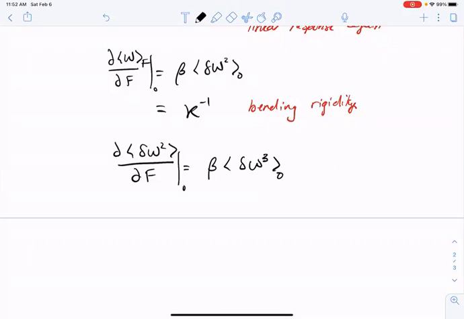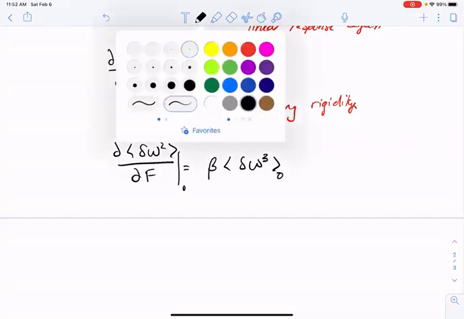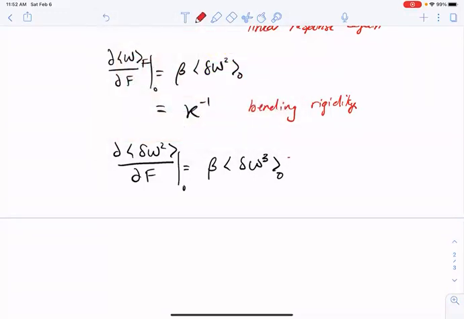So the way the bending rigidity would change depends on the largeness or smallness of the third cumulant of the curvature fluctuations, how non-Gaussian they are, because the third cumulant is identically zero for a Gaussian distribution.